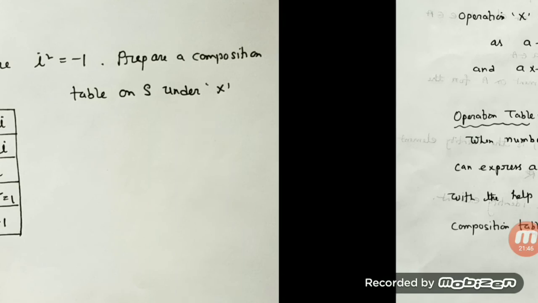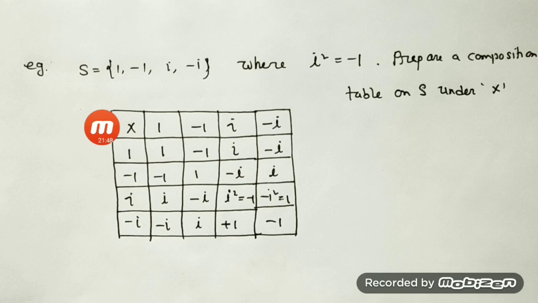Let me give you an example. Here I am taking a set S which contains the elements 1, minus 1, i, minus i, where i is the imaginary number, that is, i square is equal to minus 1, that is known to you. We have to prepare a composition table on S under star. When we want to prepare a composition table, first you see S contains a few elements, only 4 elements.